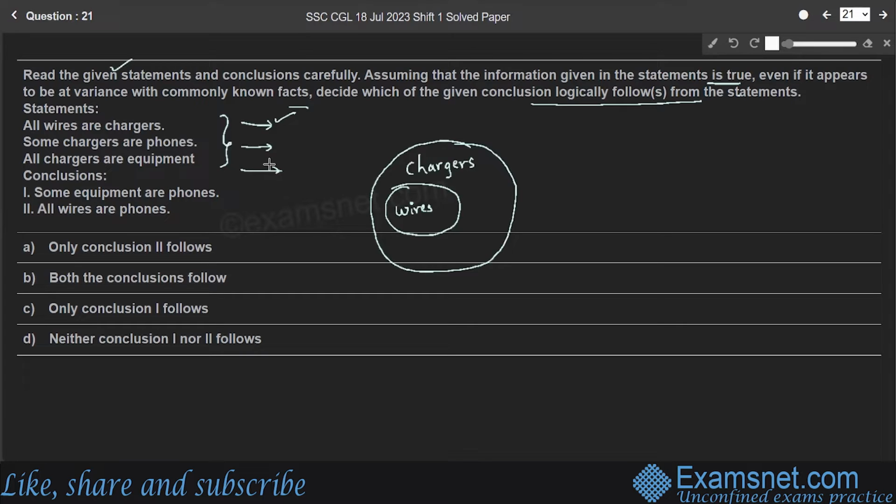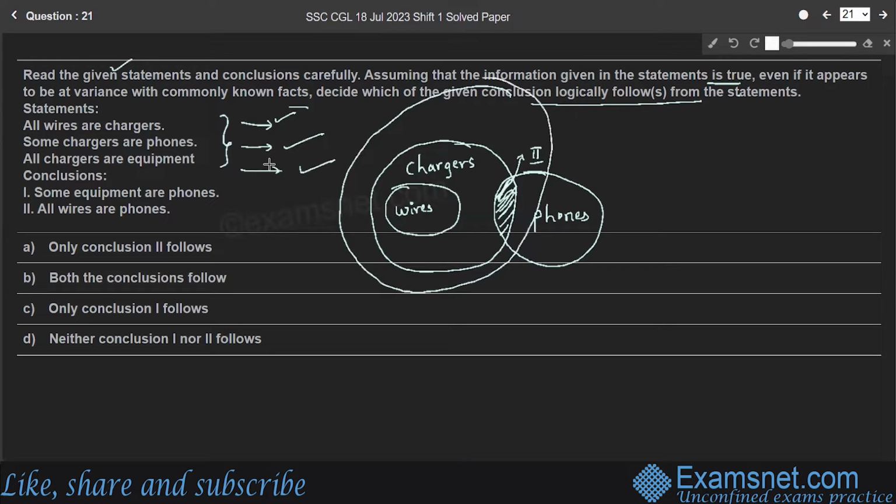Right? Next statement, some chargers are phones. So some portion of chargers, some chargers are phones, the set of phones. And this part, which is common to both phones and chargers, indicates the second statement. And the third one, all chargers are equipment. So the set of chargers is completely included in the set of equipment.